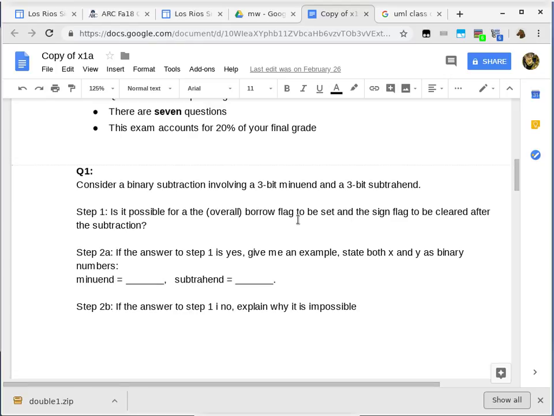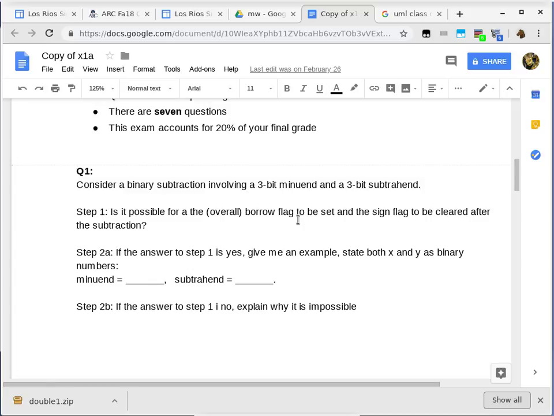So you have the answer either yes, it is possible, or no, it is not possible. Leaving this part blank does not imply it is not possible. It simply says that person does not know what the answer is supposed to be. So blank does not imply one way or another. You have to explicitly say yes or no.